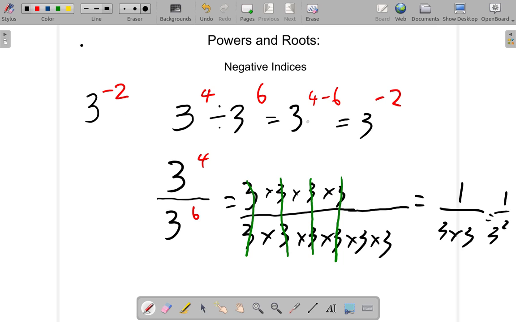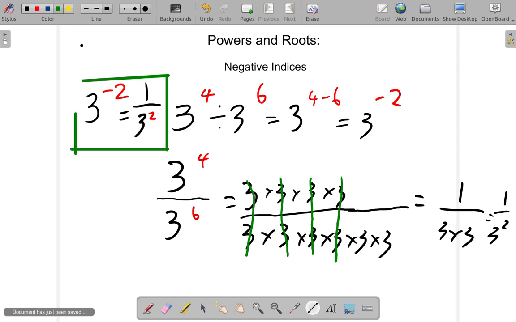What this is saying, therefore, is that 3 to the negative 2 is the same as 1 divided by 3 squared. That's what it seems to be saying, right? You can see this part here. What I want you to do is to try again with another number raised to a negative power.